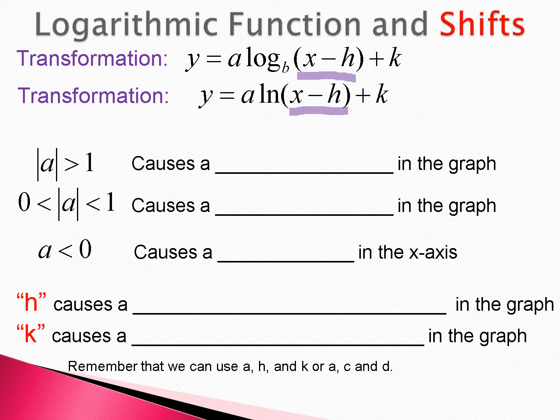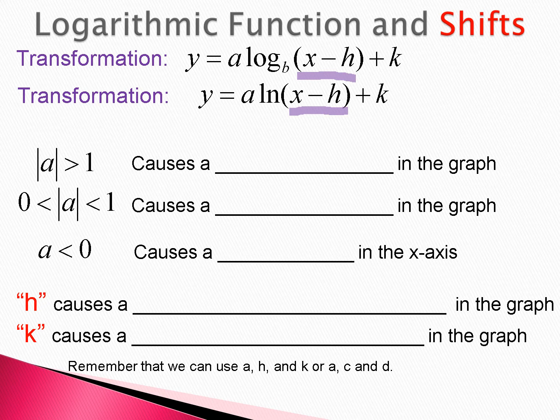So if it's a left or right movement, it has to go in parentheses with the x. Now, keep in mind that h's still affect the x value, and you always do opposite day. But a and k affect the y value, and you just do what it says. You take it at face value.